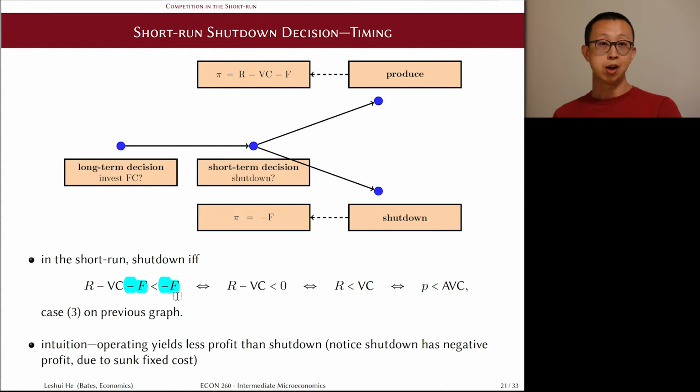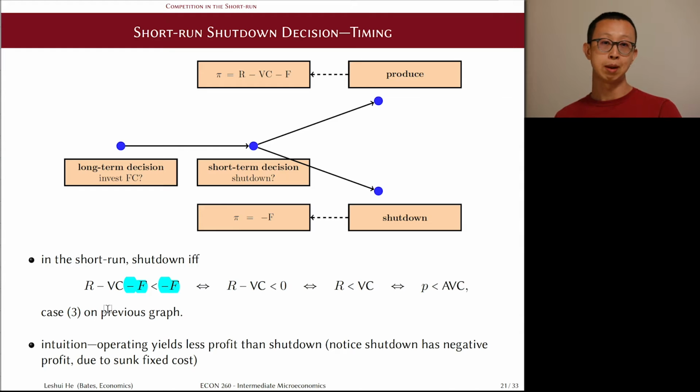Then fixed cost becomes irrelevant to the choice because the firm is committed to the fixed cost. So in some ways, it just becomes a sunk cost. Even though the firm may not have paid for it yet, it is still committed to it and therefore has to pay for that regardless. So what matters is whether revenue is high enough to cover the variable cost.